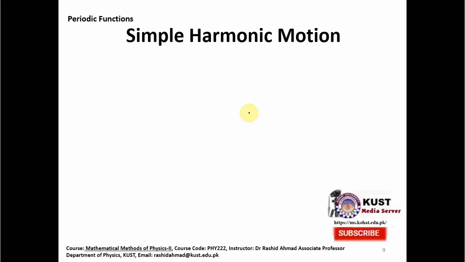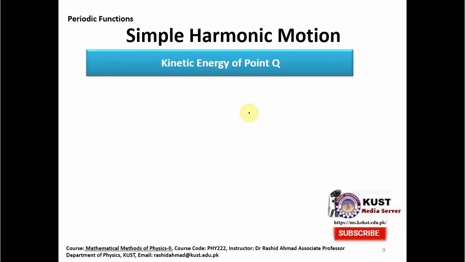In this simple harmonic motion, we now go towards the kinetic energy of the point Q, because we know the displacement and the velocity, and the last thing we want is the kinetic energy and also the total energy. The kinetic energy of any particle is half m v squared.